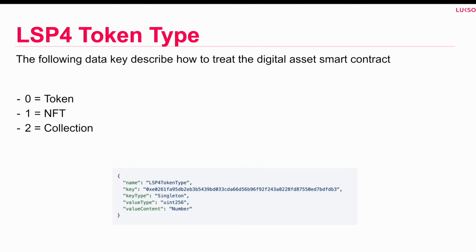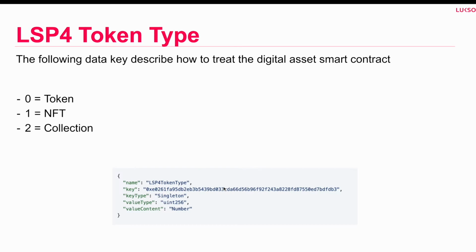So first of all, there is a first concept that we need to learn and understand, which is the type of token that we are going to create. So the type of digital asset. And when we create a digital asset smart contract on LUKSO, we need to specify the token type under the following data key in the ERC725Y storage.